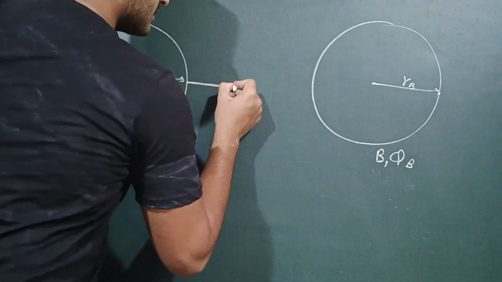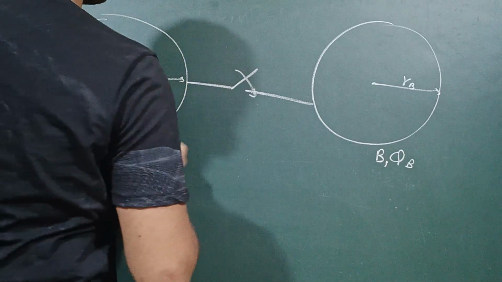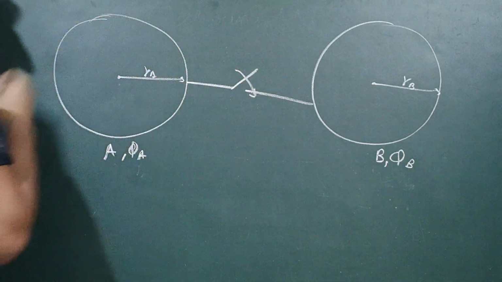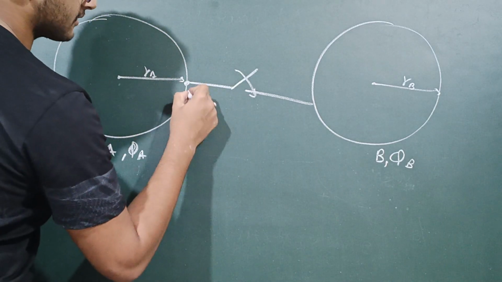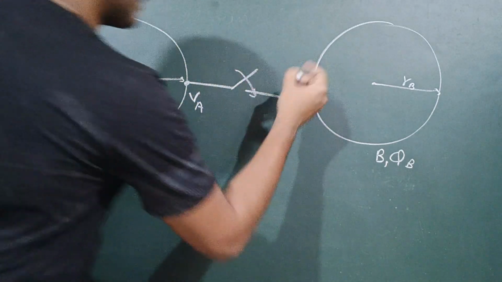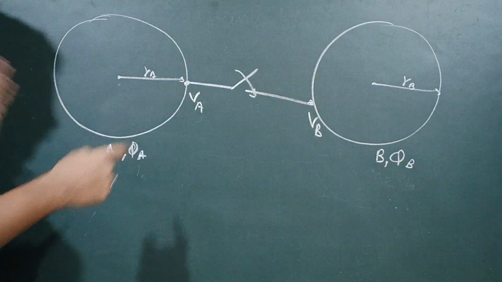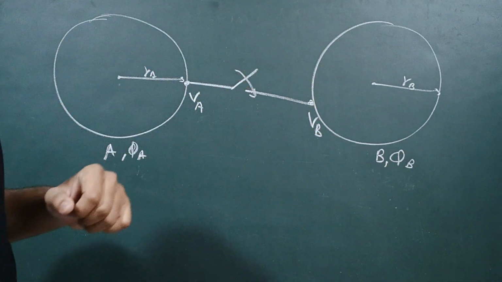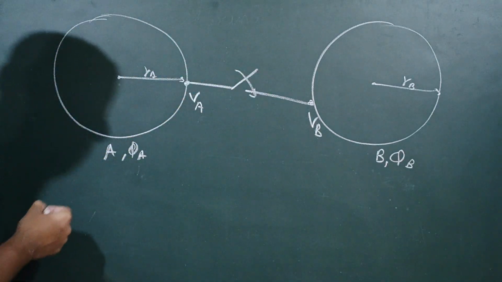So what happened is I connected them by closing the switch, and the main concept behind this is potential. I call this point VA, and the same potential here, VB. They become equal after connecting the switch, assuming that the wires are ideal, right?